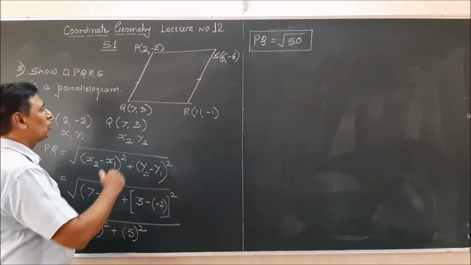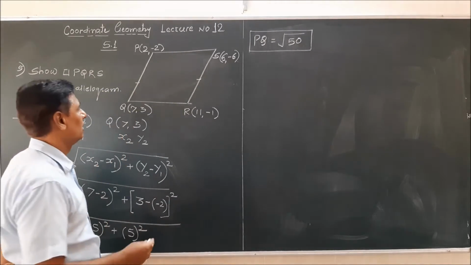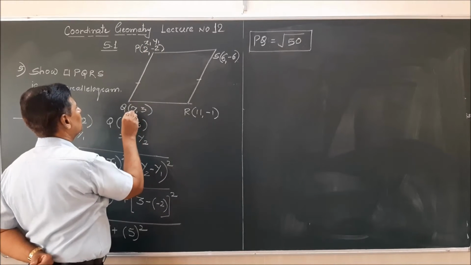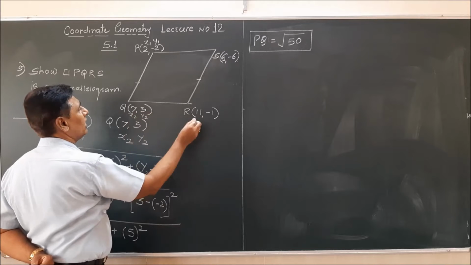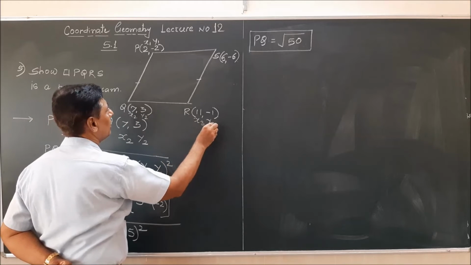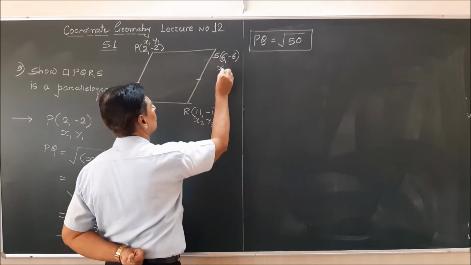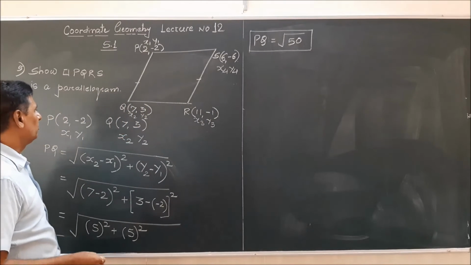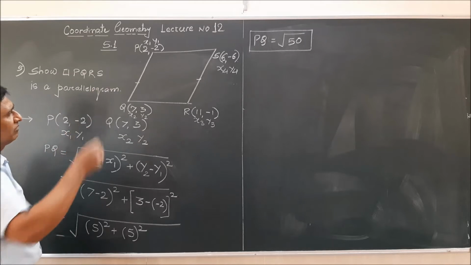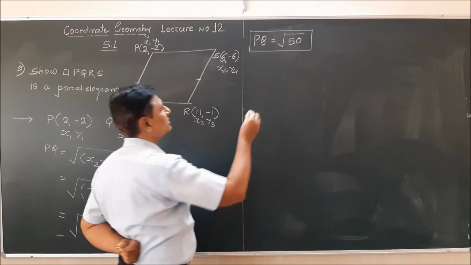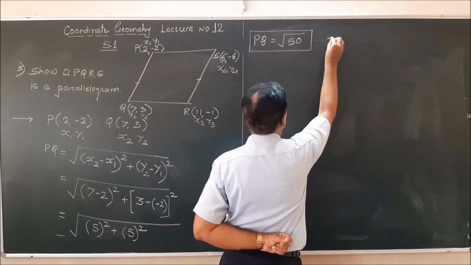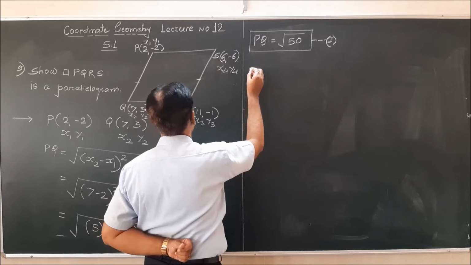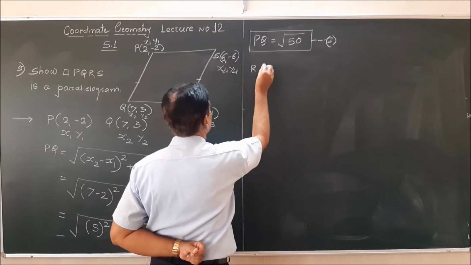Now let's see, I am going to find out SR. So I label the points x1 y1, x2 y2, x3 y3 and x4 y4. Since I got the value of PQ, I will call it equation 1. Now I am going to find out RS.